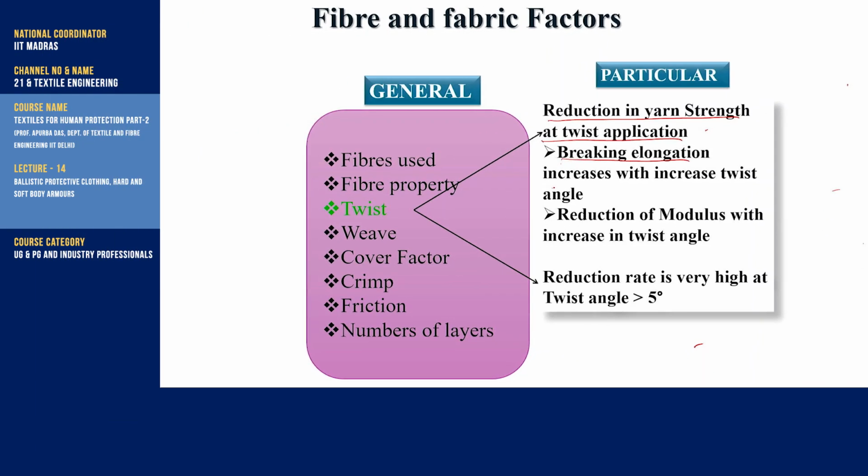Breaking elongation increases with the increase in twist. If we increase the twist, the fibers will have a helix formation, and that is why the breaking elongation will increase.